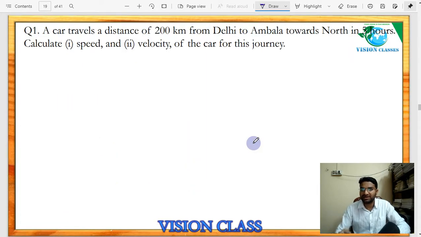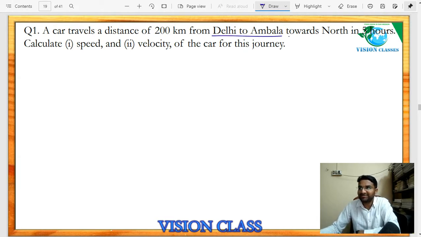We'll deal with one or two questions as well. A car travels a distance of 200 kilometers from Delhi to Ambala towards the north in 5 hours. Calculate the speed and velocity of the car for this journey.